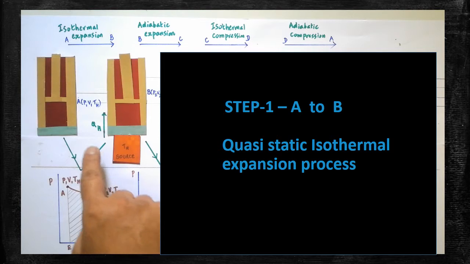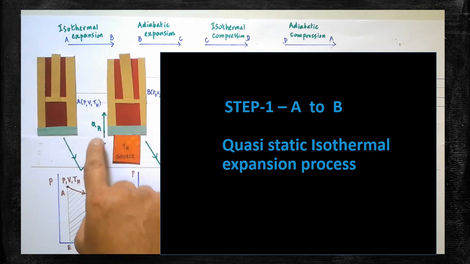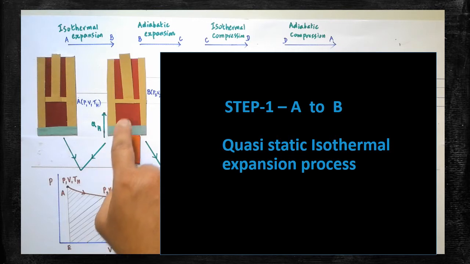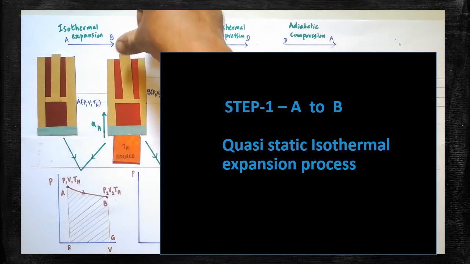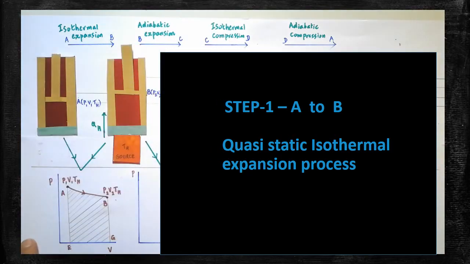Let us imagine QH amount of heat flows from the source to the working substance. After absorbing the heat, what happens? The gas starts expanding. When the gas expands, the position of the piston moves from A position to B position. This process is called isothermal expansion.